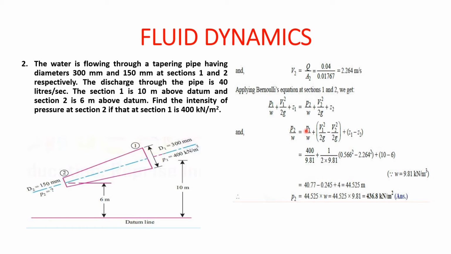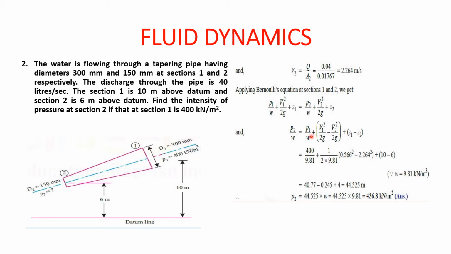For that, we have to see how to calculate the value of W, considering water. We consider the density of water as 1000, so the specific weight of water becomes 9810 Newton per meter cube, or 9.81 kilonewton per meter cube.